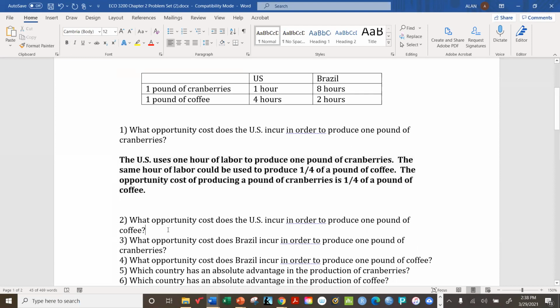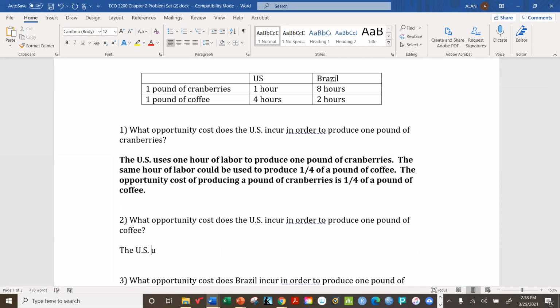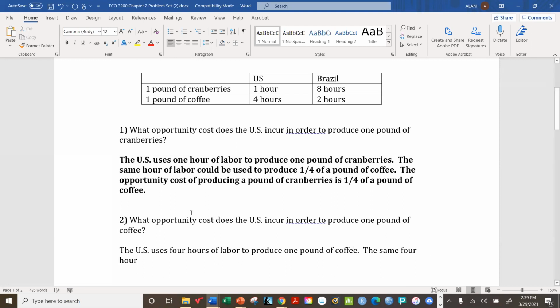On the other hand, with coffee, the US uses 4 hours of labor to produce 1 pound of coffee. The same 4 hours of labor could have been used to produce 4 pounds of cranberries.